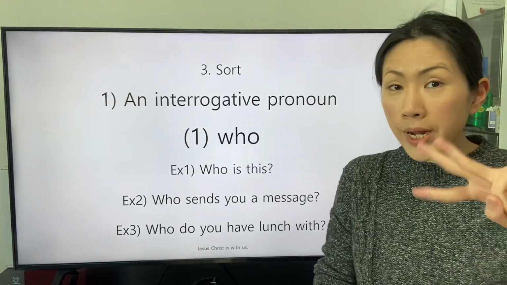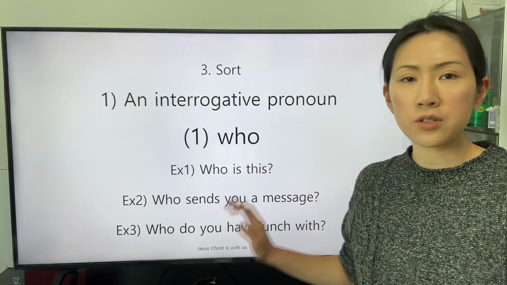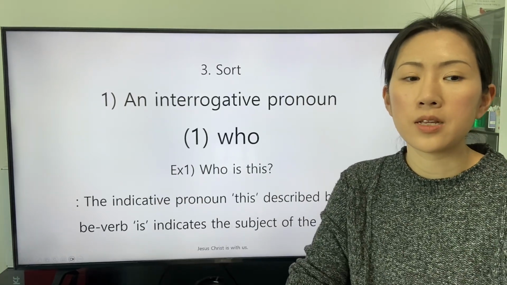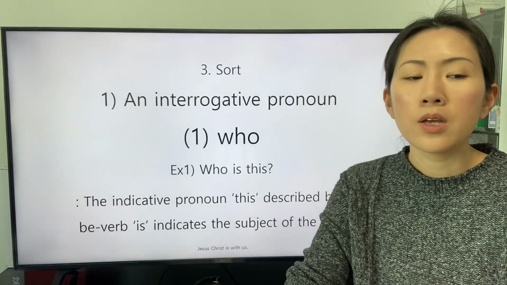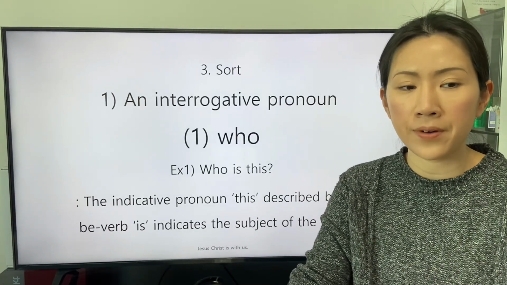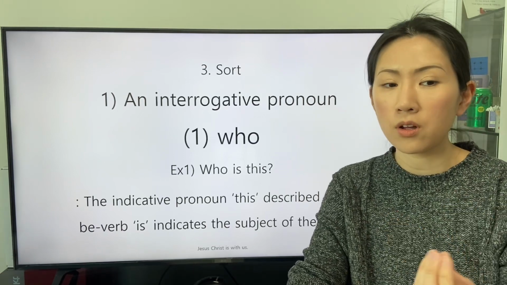There are 3 clauses. Let's start from the first clause. The first clause is this. Who is this? The indicative pronoun this, described by the be verb, indicates the subject of the clause.